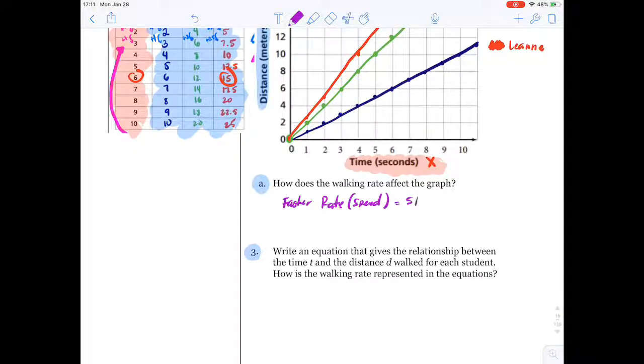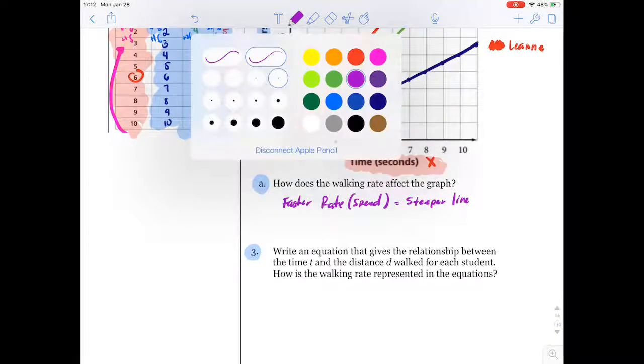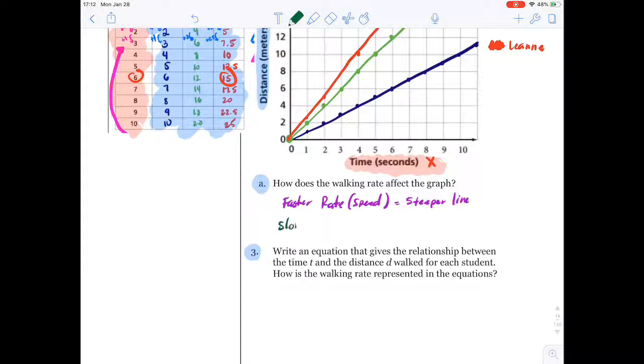Okay, you have a steeper line. If it's going a little bit slower, a slower rate or slower speed, the less steep the line is.